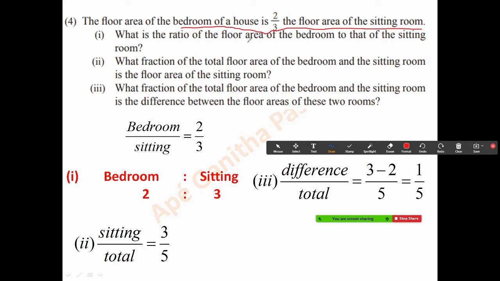What is the ratio of the floor area of the bedroom to that of the sitting room? Here they have given it as a fraction. You have to write that as a ratio. Here the bedroom to sitting room fraction is given.